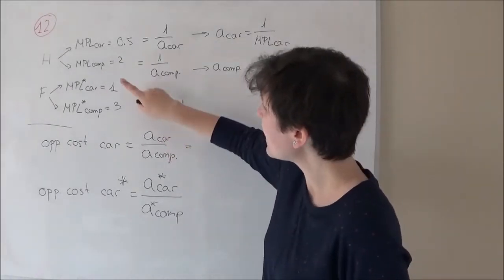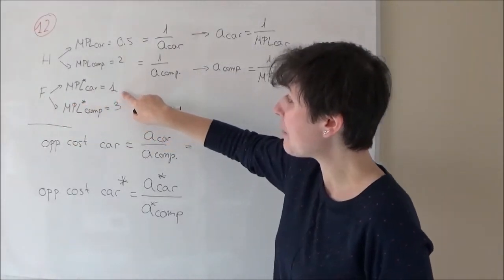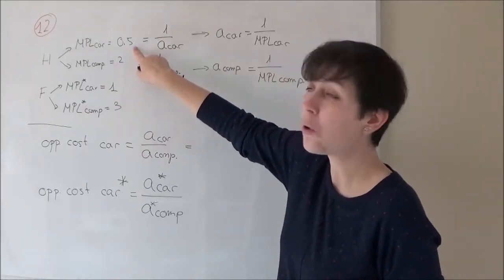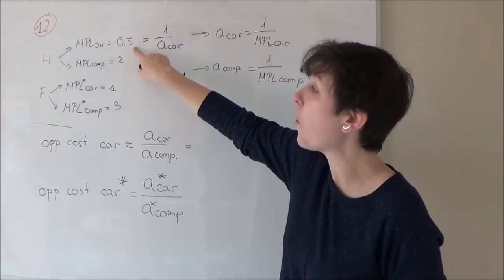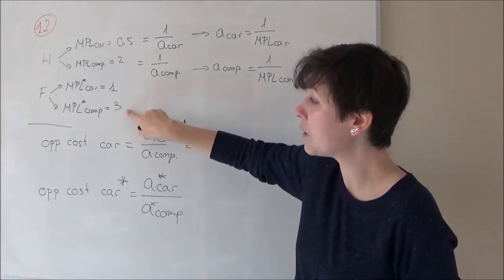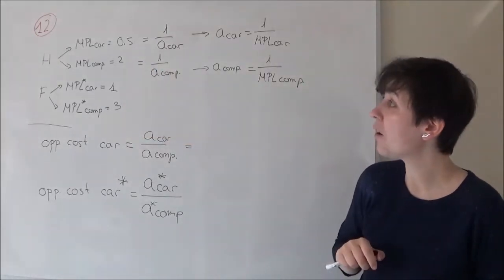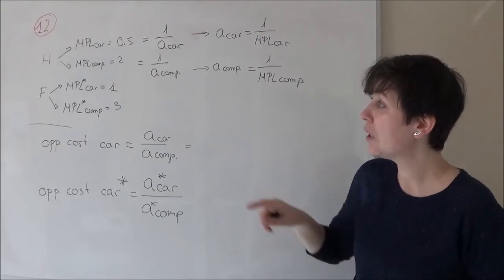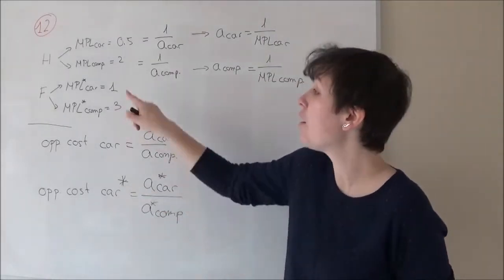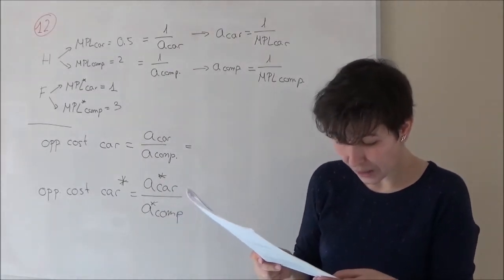So we can see that the foreign economy in the car industry, the marginal productivity of labor is 1, which is higher than 0.5, that is for the home economy. And in the case of the computer sector it is 3, which is higher, so it's better than in the home economy, which is just 2. So we can see that in both sectors, foreign has an absolute advantage, so that is right.